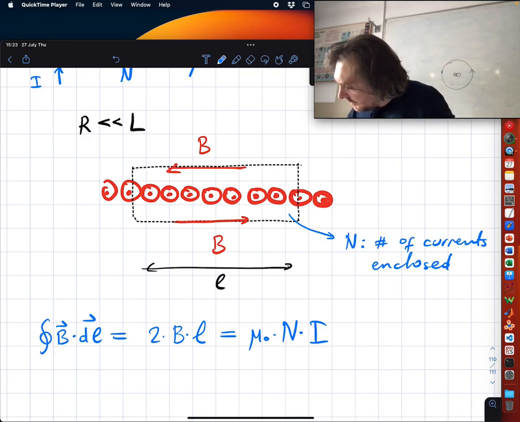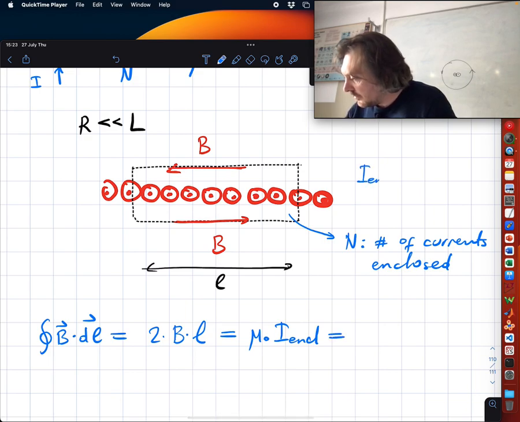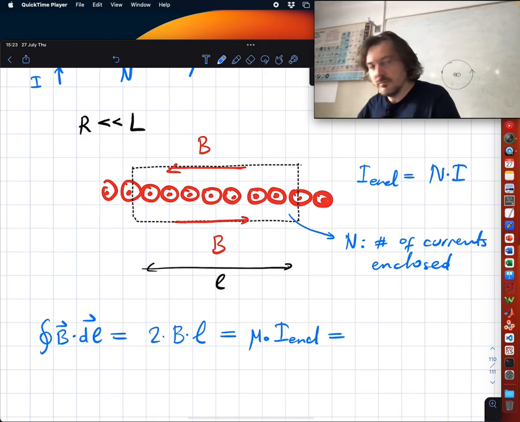So let me just write another step. This has to be mu 0 I enclosed. Do you agree with that? Yes. Then I enclosed is n times I. Do you agree? Where n is number of currents enclosed. So mu 0 n times I.